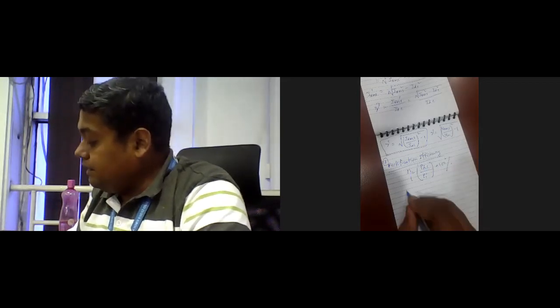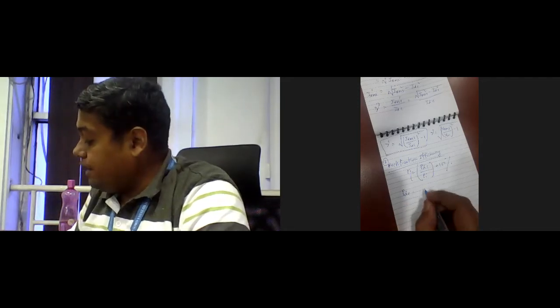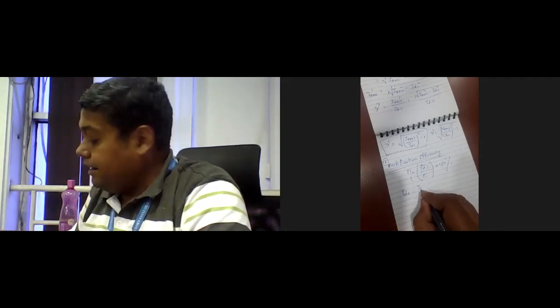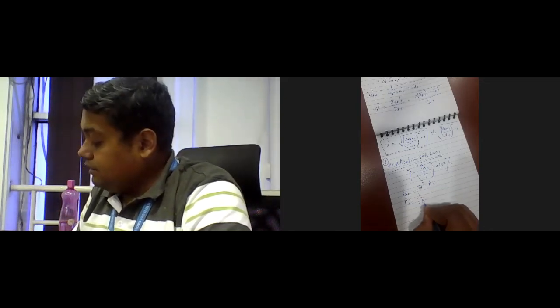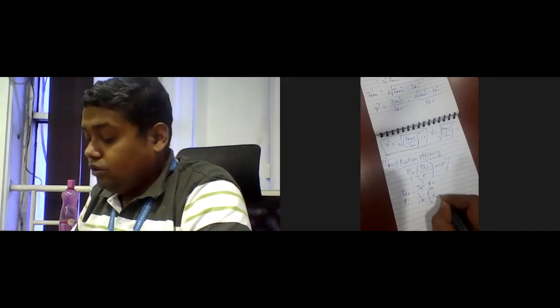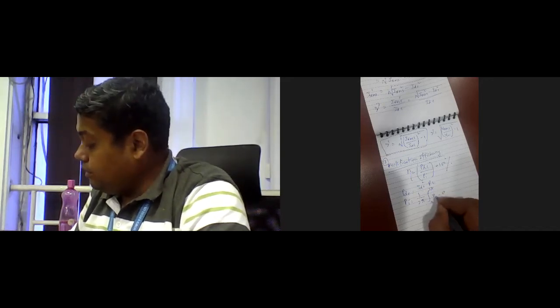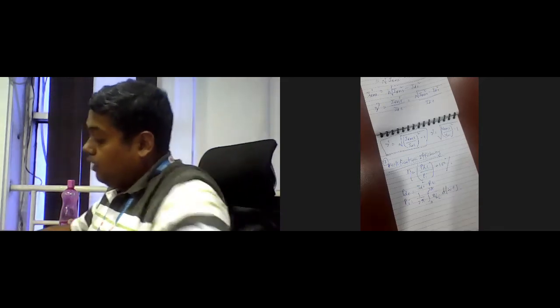What is the P_DC? P_DC is considered as I_DC square into R_L, and P_i is equal to 1 by 2 pi integral 0 to 2 pi of V into I_L d of omega t. Now, what is V?